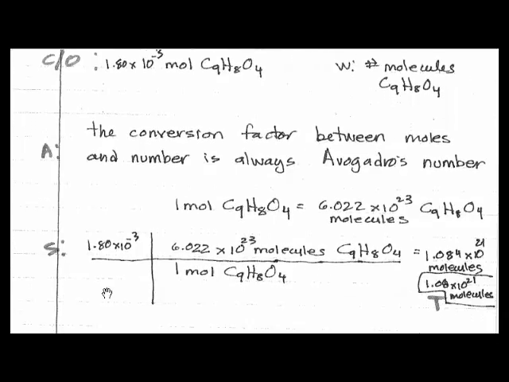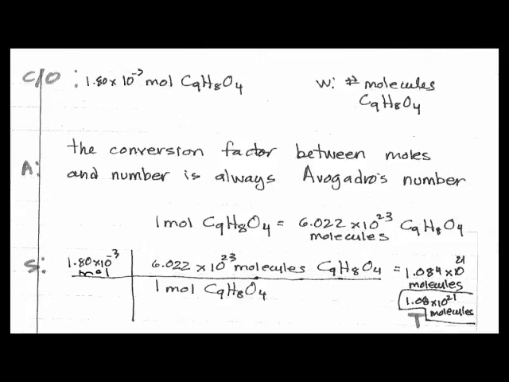So my given is going to be my moles, and I carelessly forgot to write moles here. And I want to take the time to write moles, because if I don't know what my units are here, how do I know what units to put in the denominator? So I have moles of aspirin in my numerator, so moles of aspirin go in my denominator.